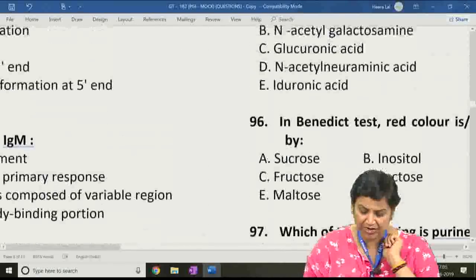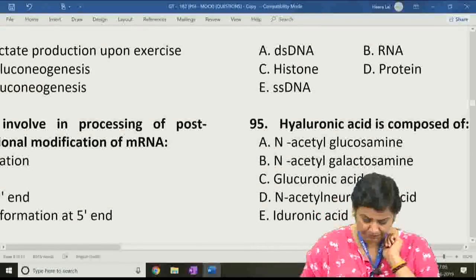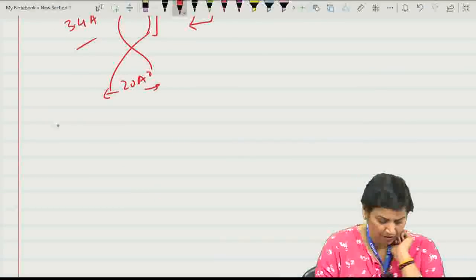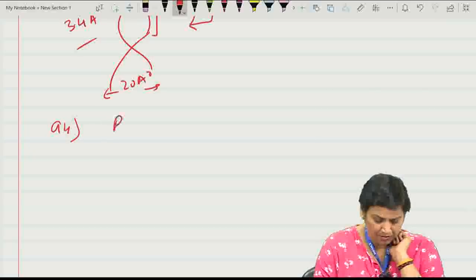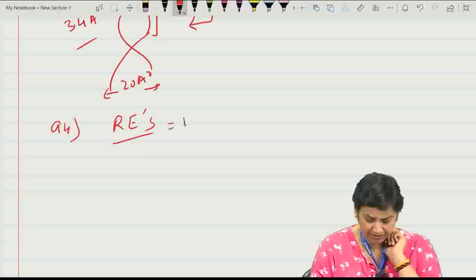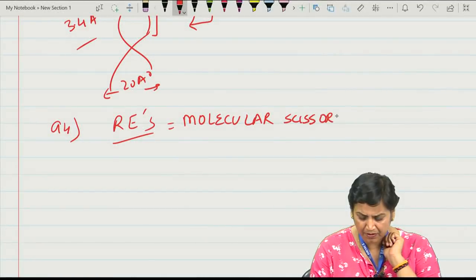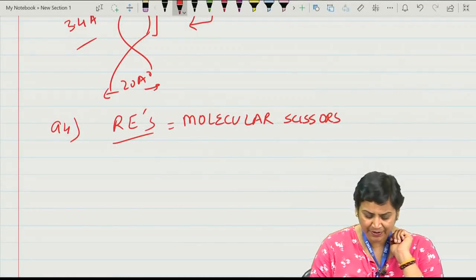Now see, restriction endonucleases, REs, are also known as the molecular scissors. They are highly specific in action.